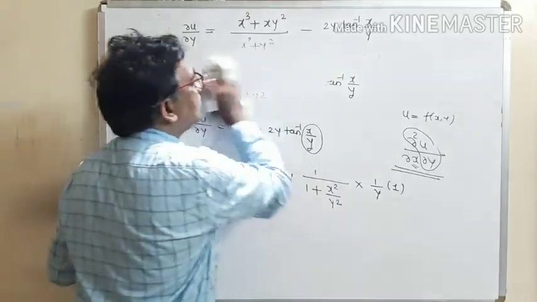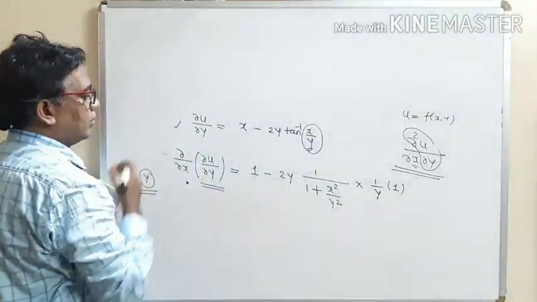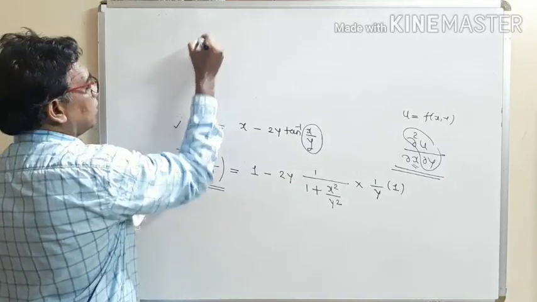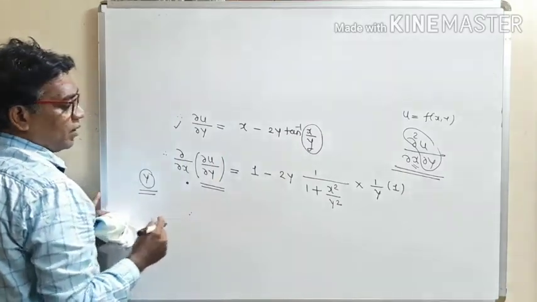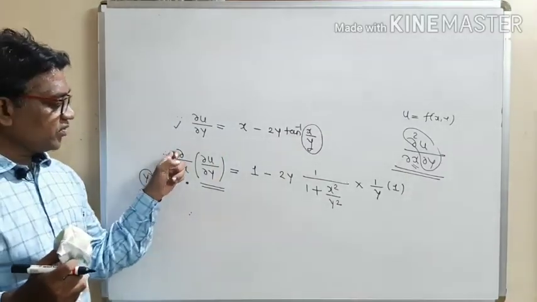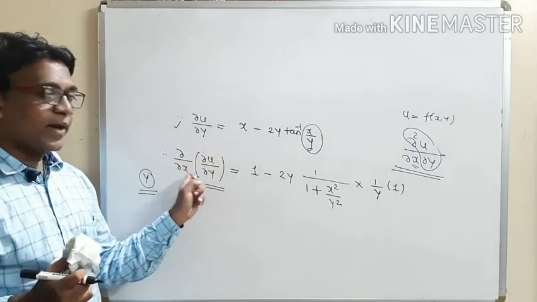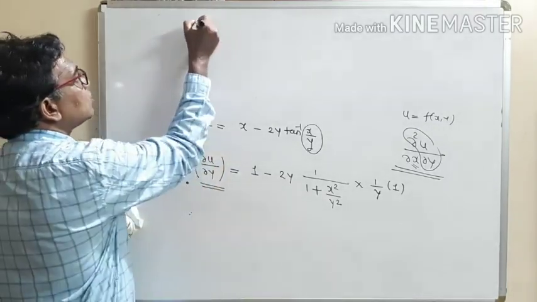So simplify this term. Now this is our ∂²u/∂x∂y.